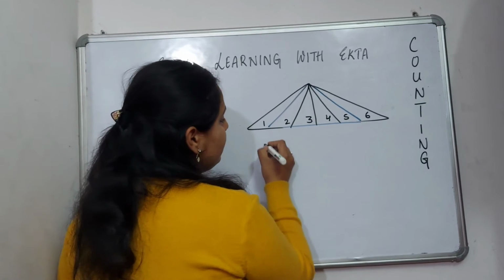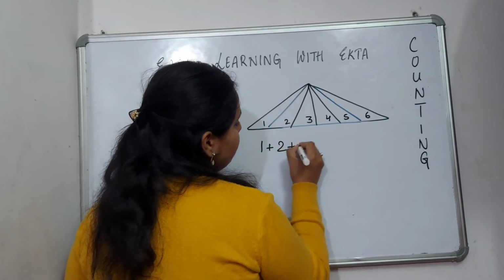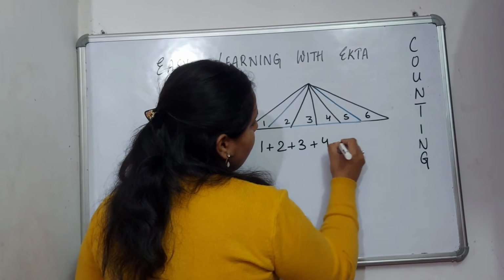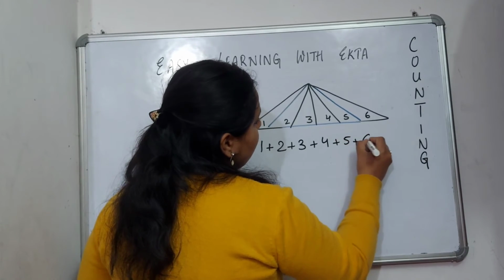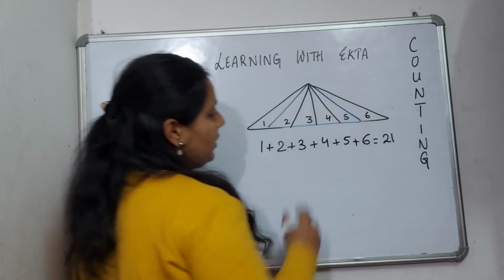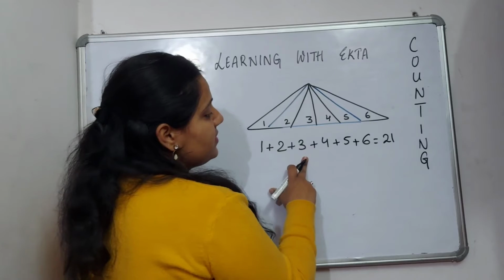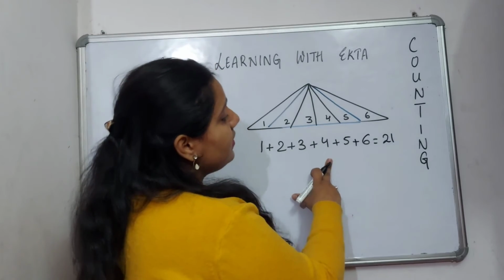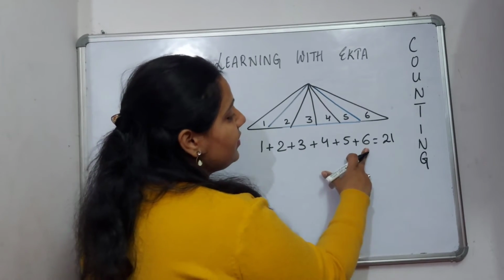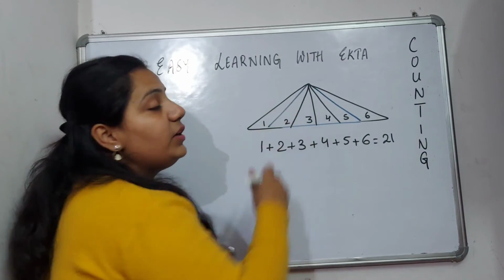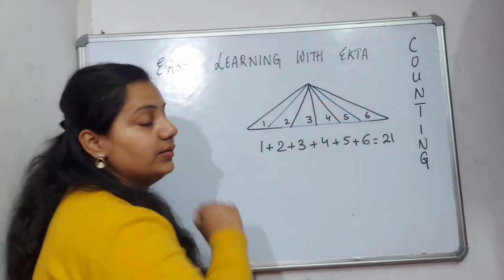Now I have to count the total, so I will add those. 1 plus 2, 3, 3 plus 3, 6, 6 plus 4, 10, 10 plus 5, 15 and 15 plus 6, 21. So there will be 21 triangles in this figure.